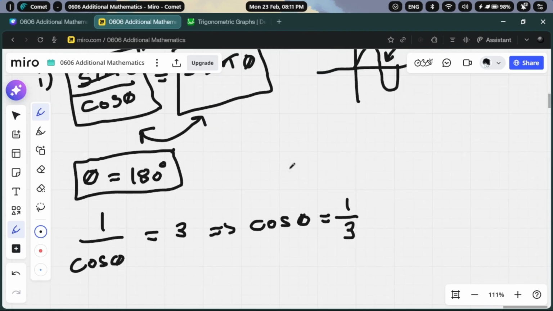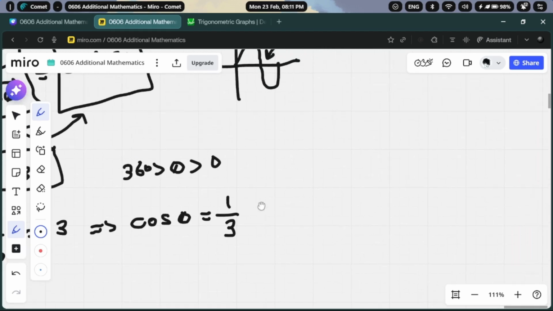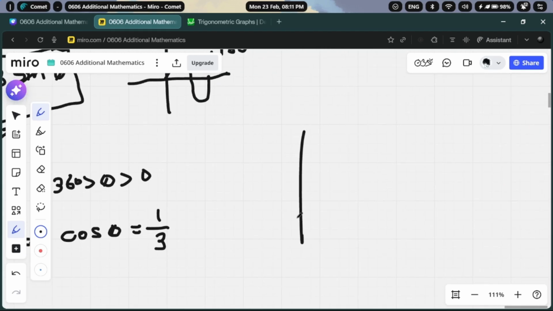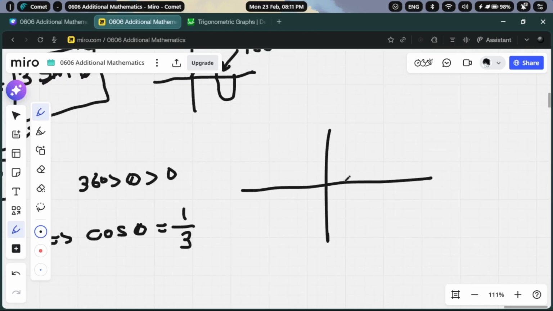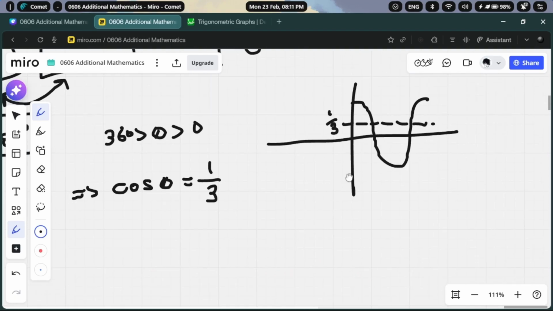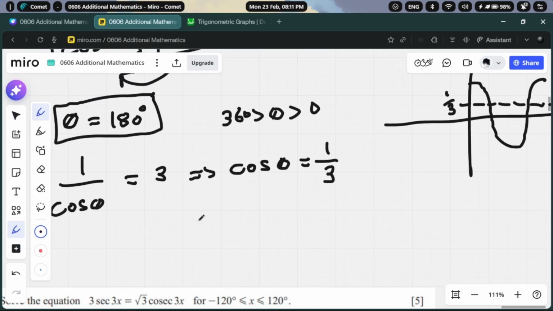And we're told that theta is greater than 0 and less than 360. So just make a rough sketch of this. I prefer the graphical method. ASTC is not preferred by me. So if you just estimate where 1/3 is, you can find the two angles.